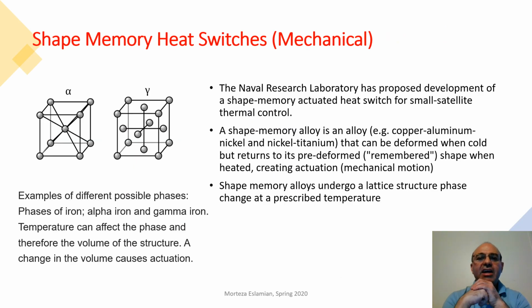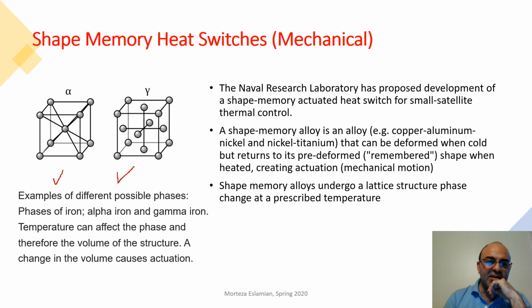Shape memory heat switches use shape memory material such as shape memory alloy. So what is a shape memory material? The materials which are at different lattice phases when they are at different temperatures are called shape memory materials. Examples of different possible phases, for instance, a hypothetical phase alpha and gamma.